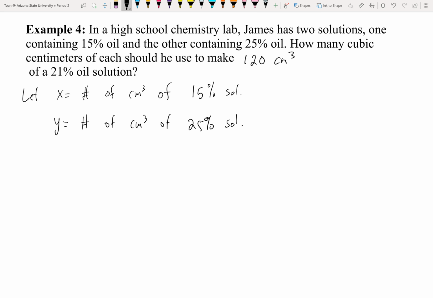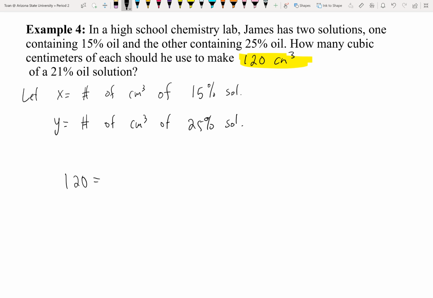Now, when it comes to mixture problems, we can use the previous hint to help us. If they give us a total, that will usually be something on its own. Do we have a total here? I have a total of 120 cubic centimeters. So that will usually be by himself. 120 equals.